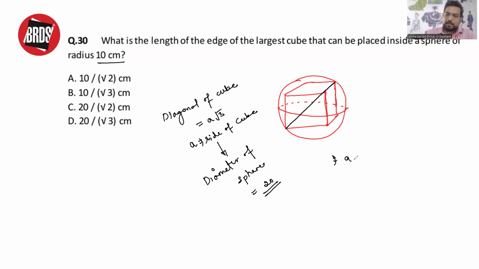So simply root 3 a equals 20, which gives me a as 20 by root 3, and this is our answer, option D. Very simple, straightforward question. If you have not made the mistake of taking radius as diameter, or a sphere as a circle and a square as a cube, you definitely must have got the correct answer for this question. So this is the correct answer.